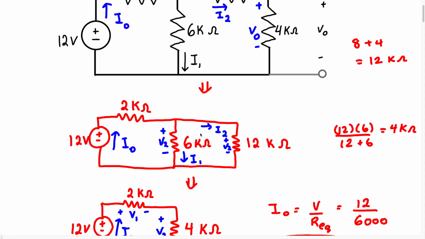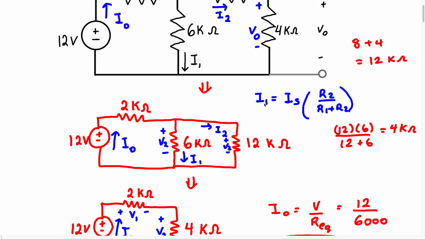And that formula for current division is going to be, I'll write it right next to this, and then I'll paste it down. It's going to be I1 equals IS over R2 over R1 plus R2.